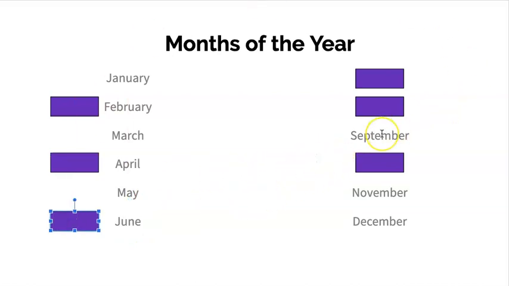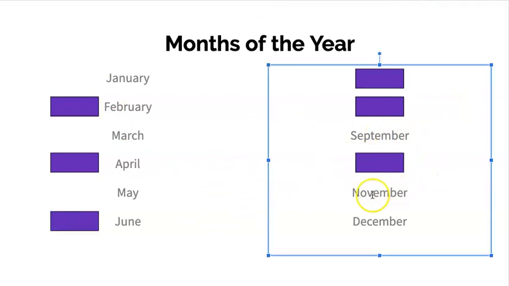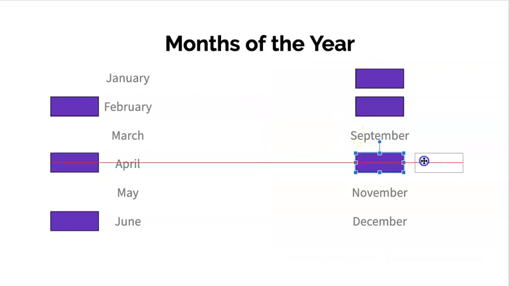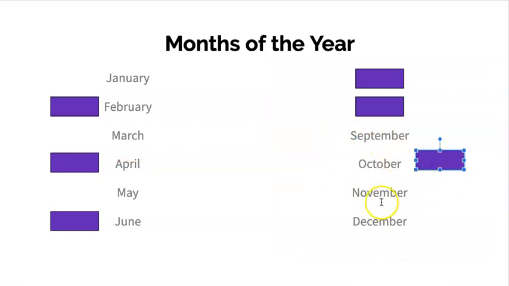Okay. Let's do a little out of order. What month comes in between, after September but before November? September, October, November, all right, and then December.